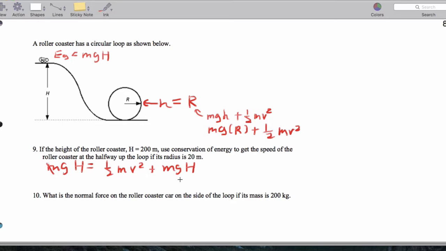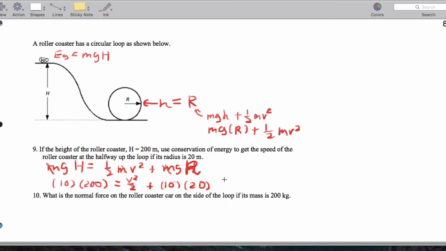Let's cancel some masses as we can actually do that. And I'm sorry, this here is mgr at the very end. So we've got 10 times 200 equals our unknown v squared over 2 plus 10 times this radius, which is just 20.